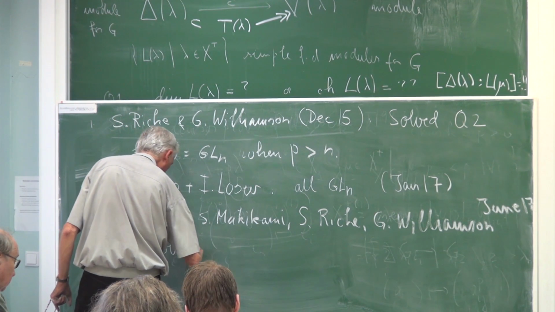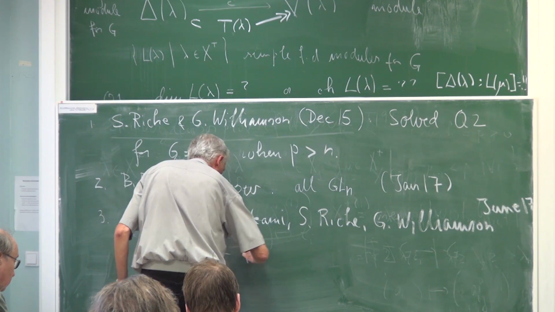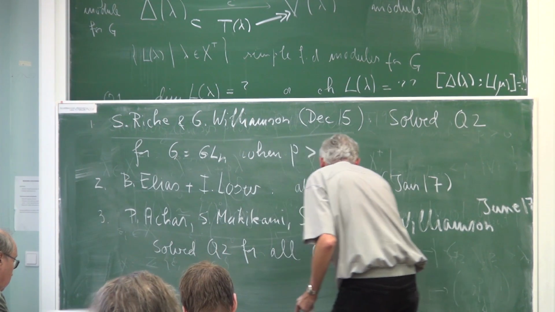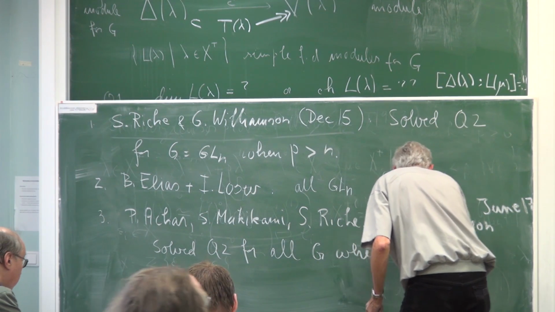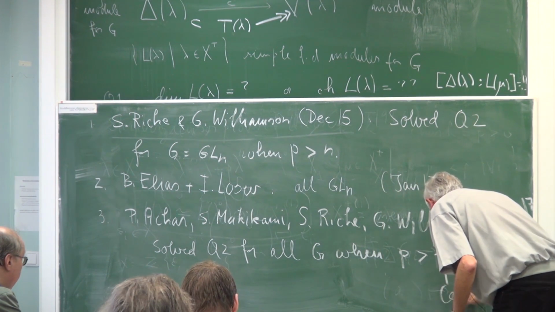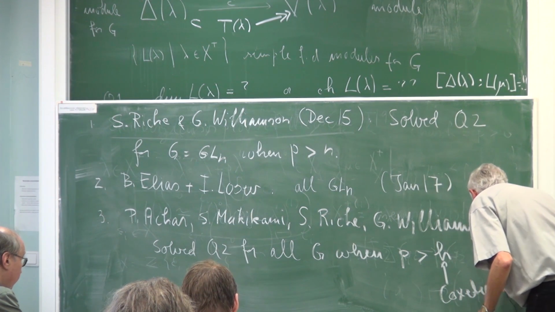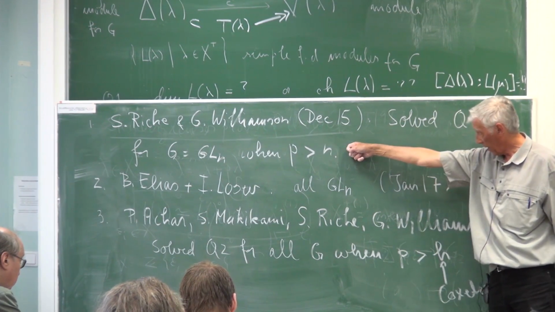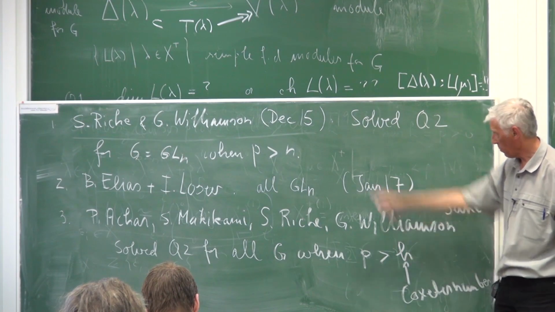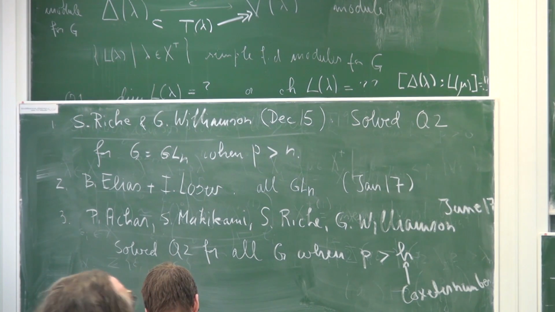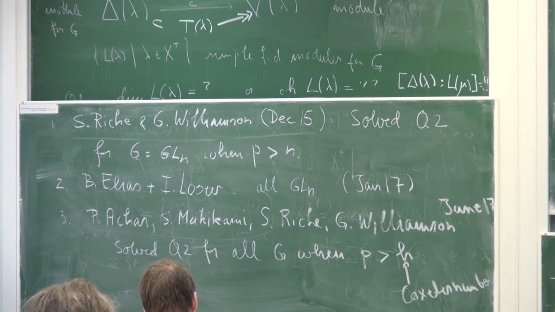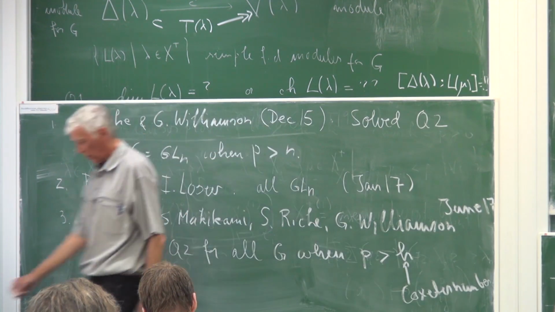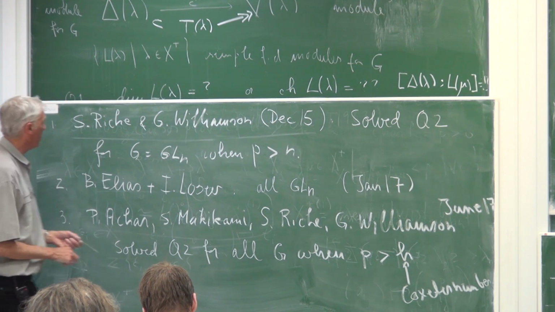They solved again Q2 for all G when p is bigger than h, where h is the Coxeter number. So in the case of type A, in the case of GLn, this is the same condition as in the first work, but now they made it work for all other reductive algebraic groups. So indeed now we have a solution of Q2.